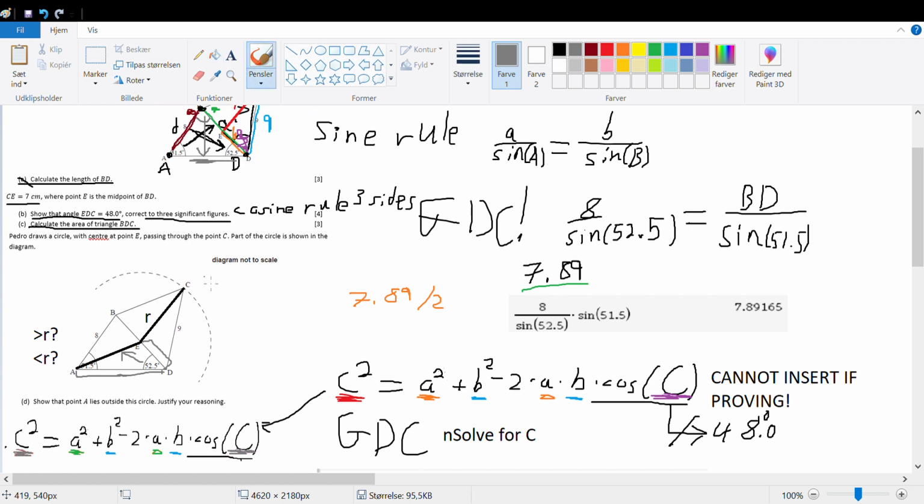So all I've got to do is insert everything, and I'm going to do that very quickly for you, I hope anyway. Let me see. So it would be, yes, 7.89 squared plus 8 squared, minus 2 times 7.89 times 8 times cosine of 76, which we used earlier.